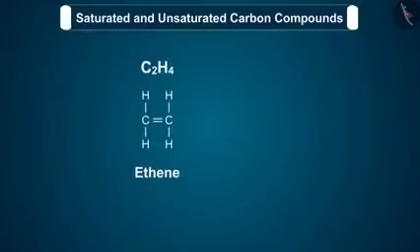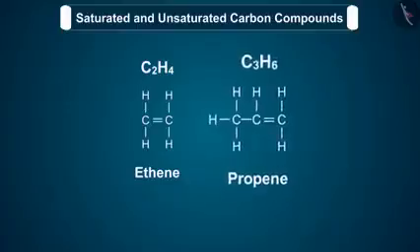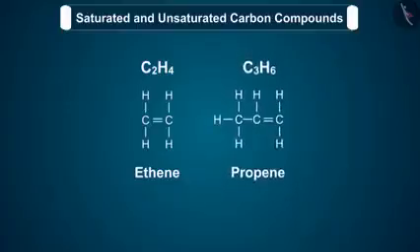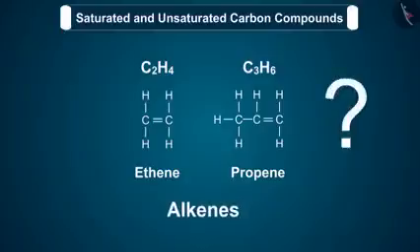Ethene C2H4 and propene C3H6 are two alkenes. Why? Because they contain a double bond between two carbon atoms. There is also an interesting fact. Do you know, children, that there can be no alkene having only one carbon atom?